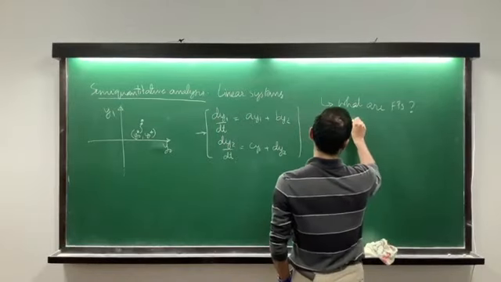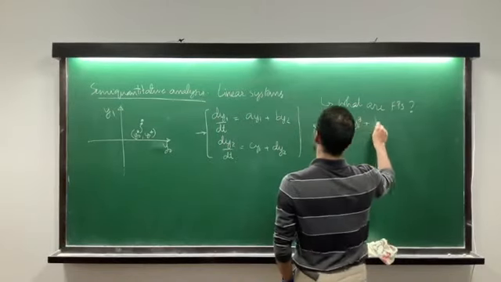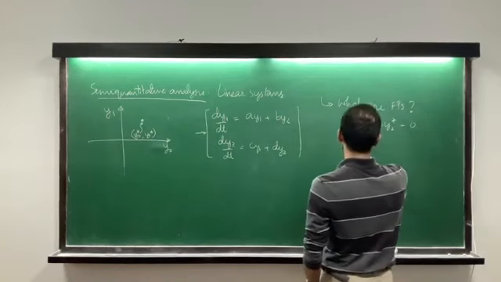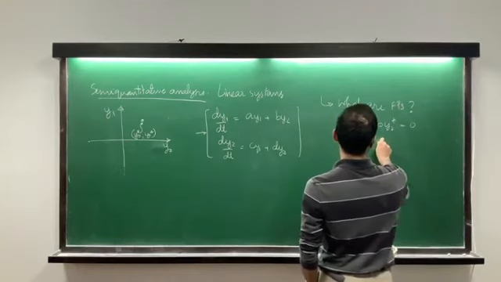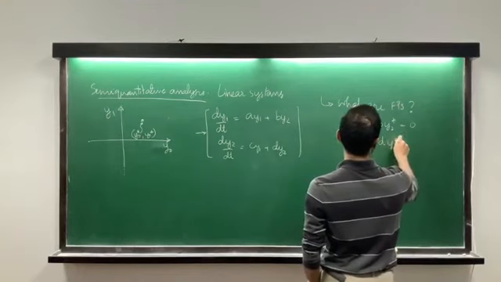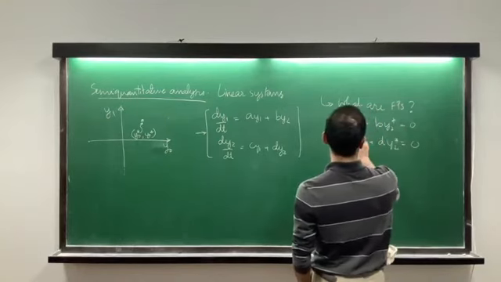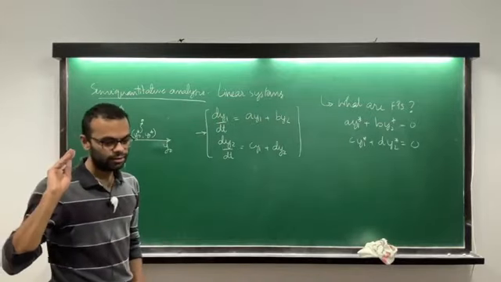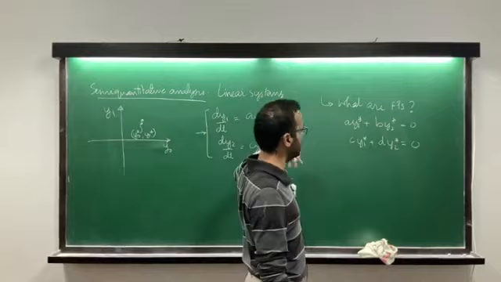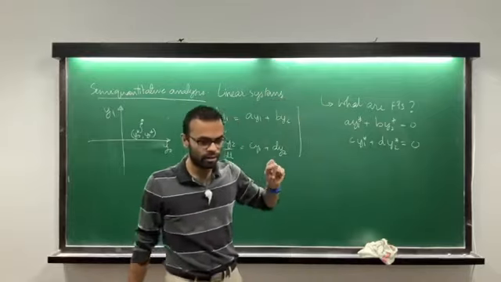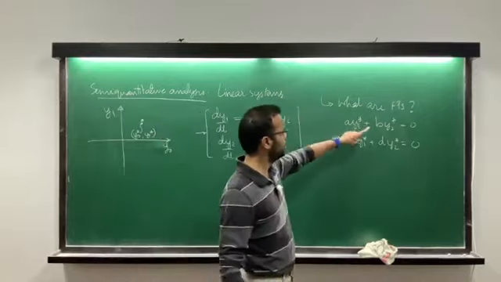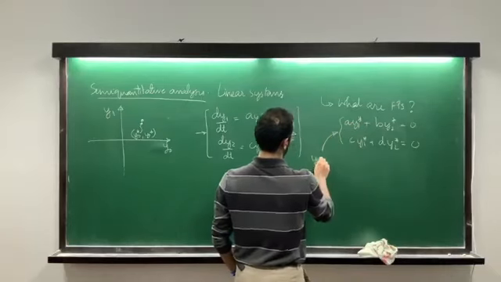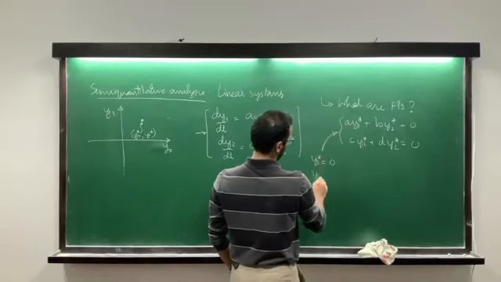So you have a y1 star plus b y2 star equals 0, and c y1 star plus d y2 star equals 0. Remember, a, b, c, d are arbitrary constants for now. For any arbitrary set of constants, these two equations will only give you one solution, which is that y1 star equals 0, y2 star equals 0.